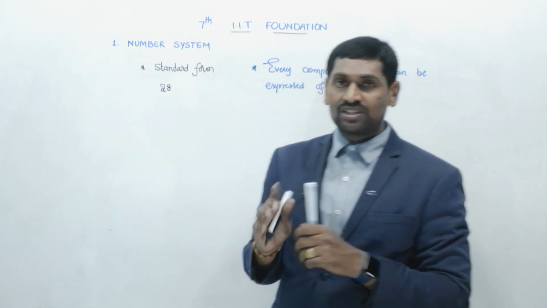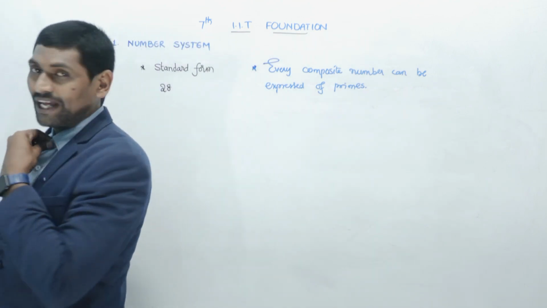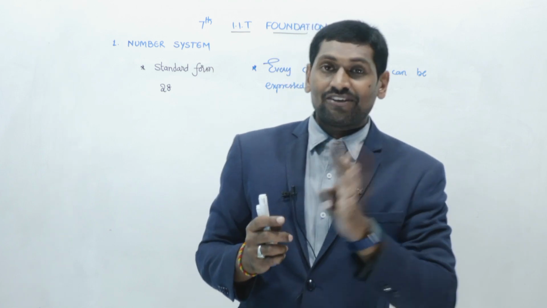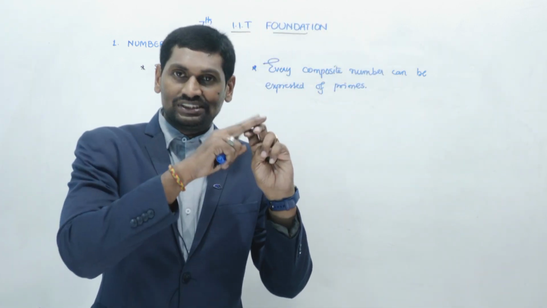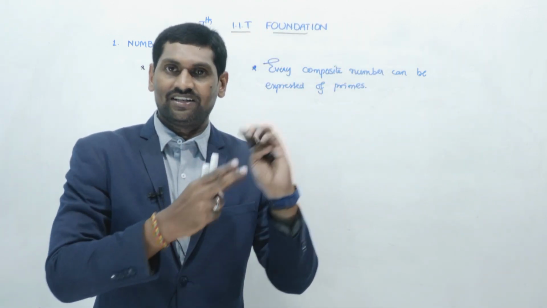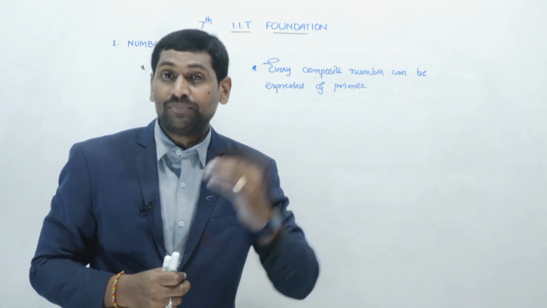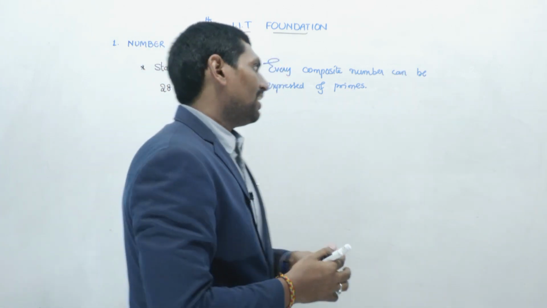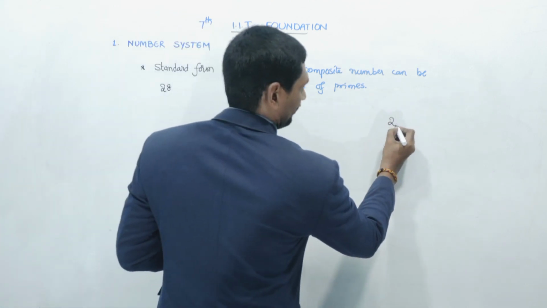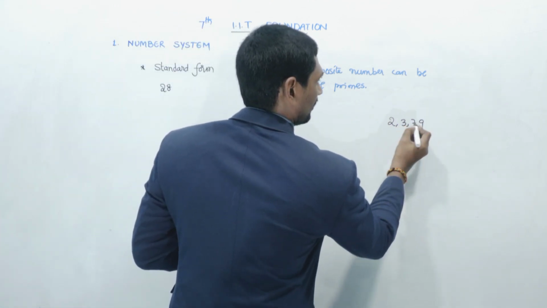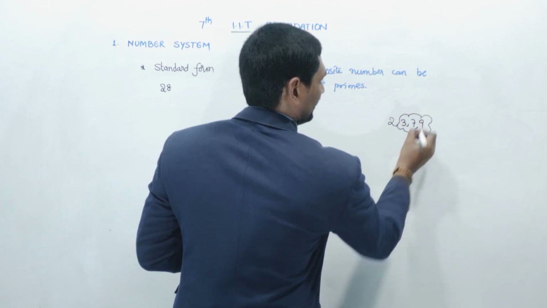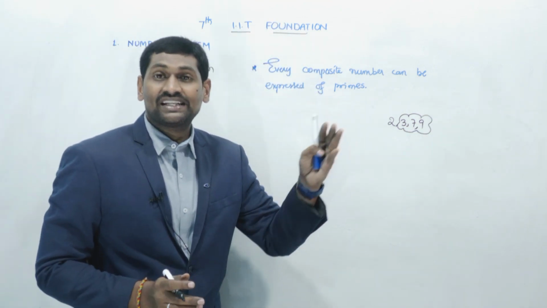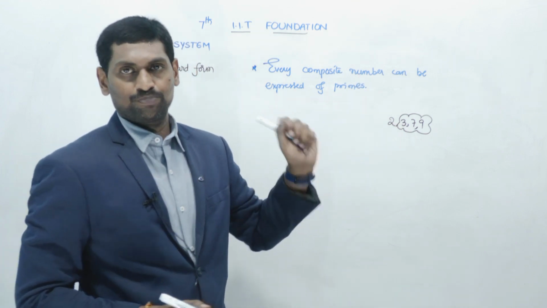Now here you should remember that from 1 to 10 there are 4 prime numbers: 2, 3, 5 and 7. While you are observing, 3, 5, 7 are odd numbers. Odd numbers means they are never exactly divided by 2.